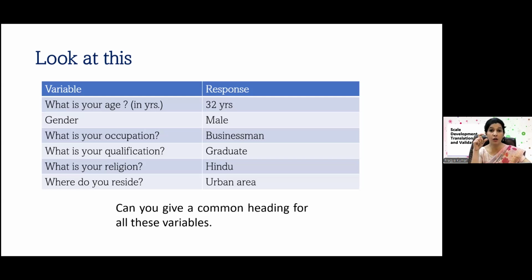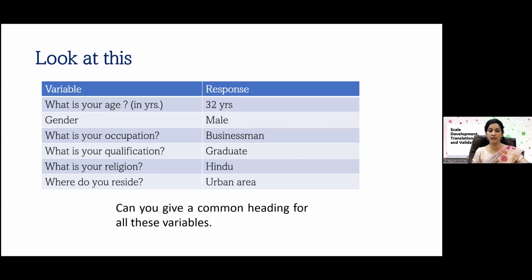So we cannot call it a scale. You cannot call the Human Development Index or Poverty Index or Human Poverty Index a scale. It is just an aggregation of variables which are unrelated to each other. Like life expectancy at birth or life expectancy at age 1. The other item is the literacy status.